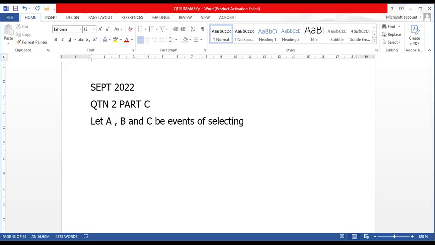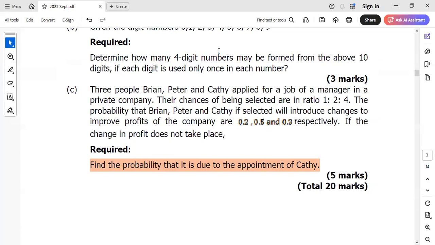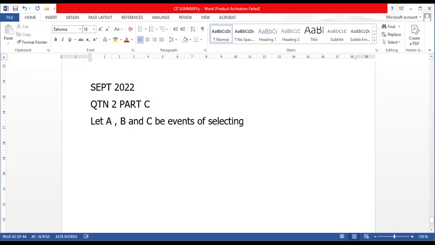Brian is the first person. Let A be the event of choosing or selecting Brian. Then next B is selecting who is the next person? That is Peter and Kathy respectively. That is step number one.